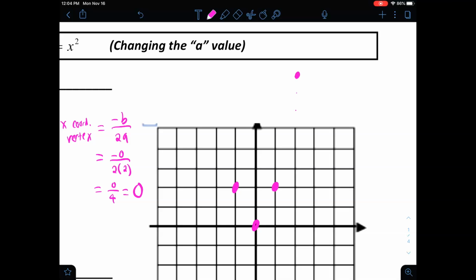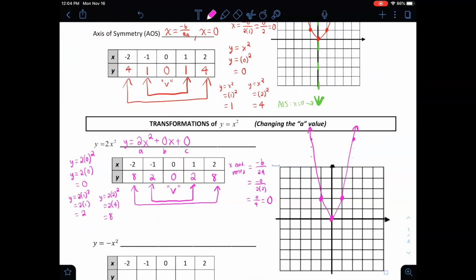And over here, same thing, left 2, up 8, so 6, 7, 8. That wasn't very good. Sorry, it's kind of hard to graph this. 7, 8. Okay, so there's our graph. It's kind of hard to read, but it'll do.